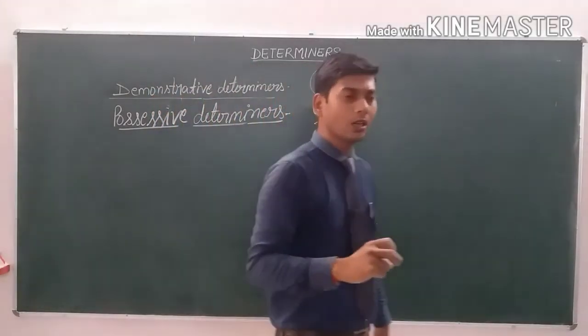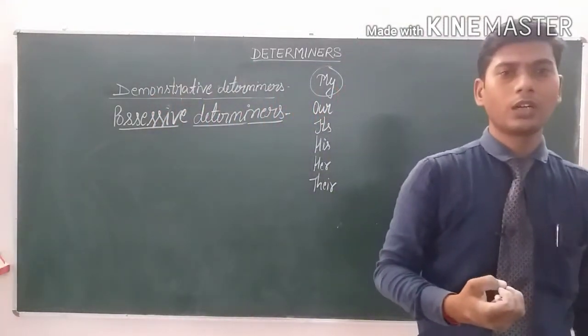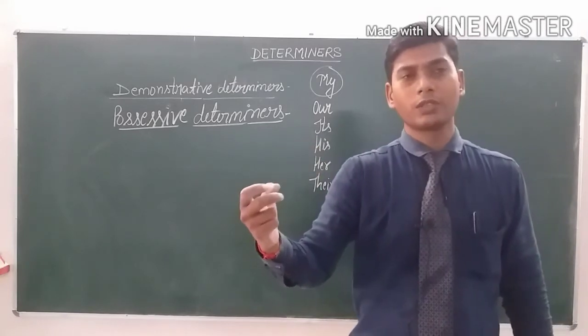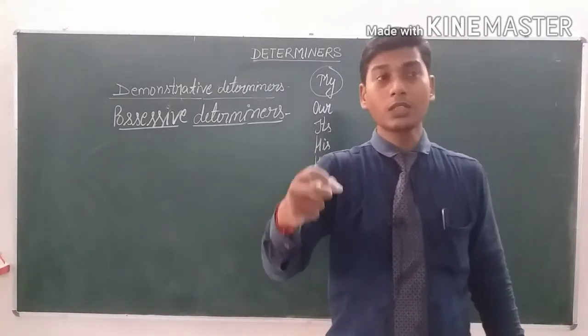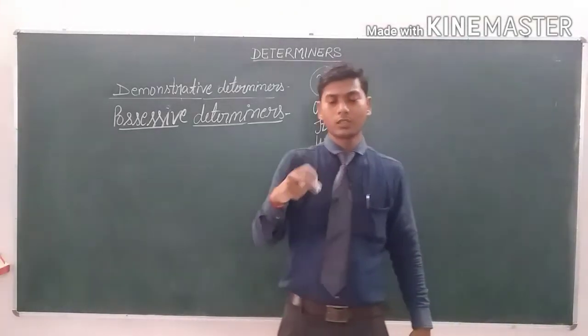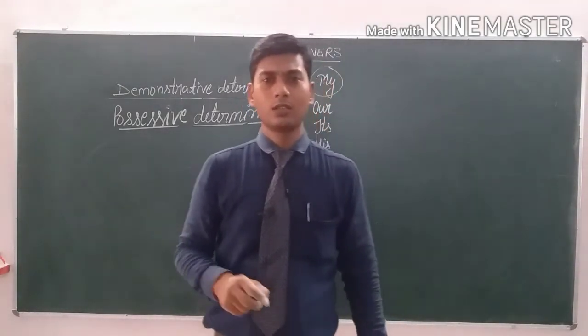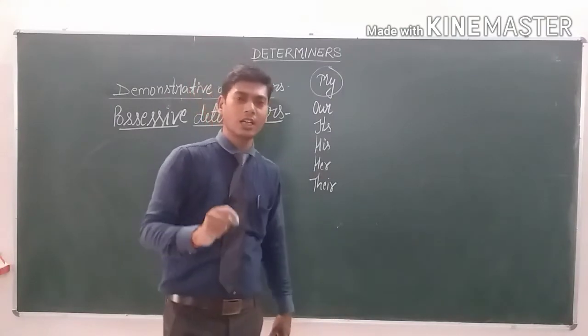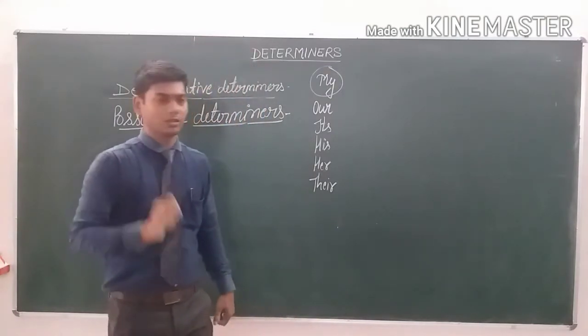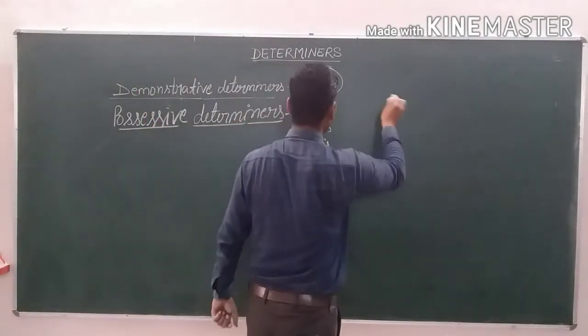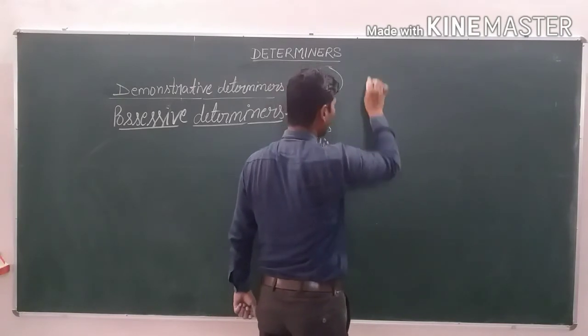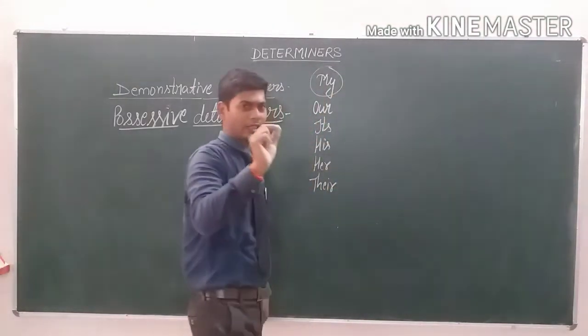First one is the possessor and second one will be the possessive. The possessor means the subject who does the activity or action. In another sense, it is also said to be the possessor.